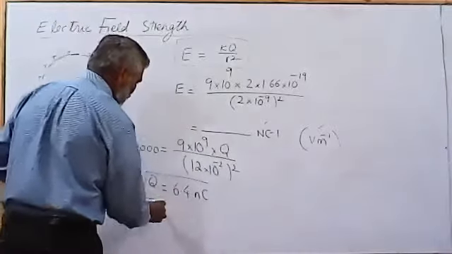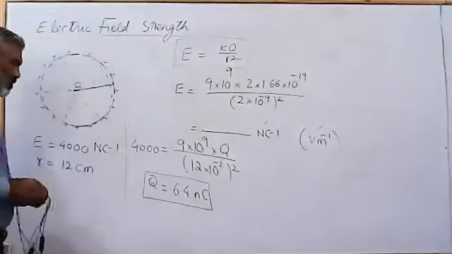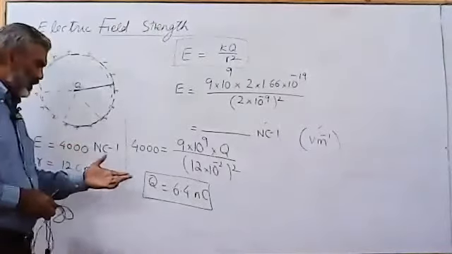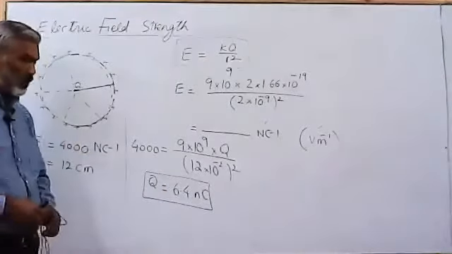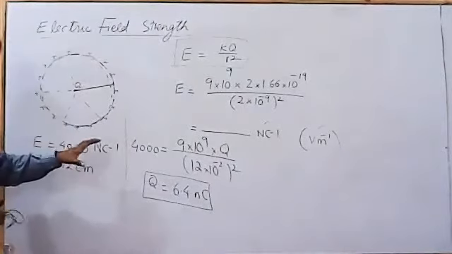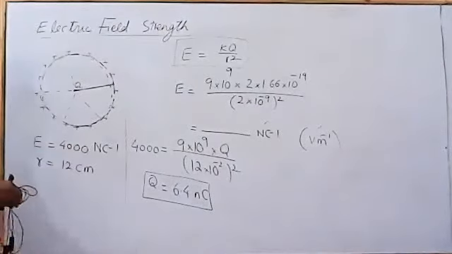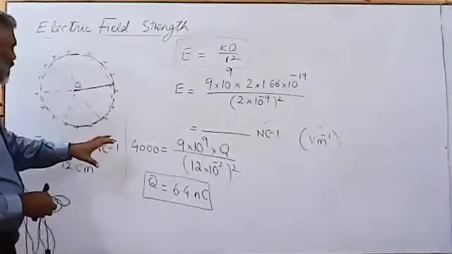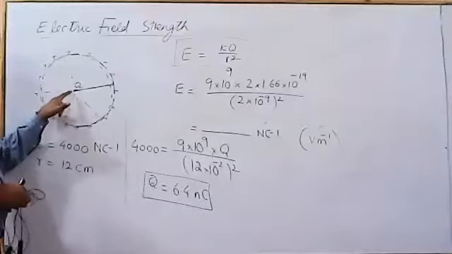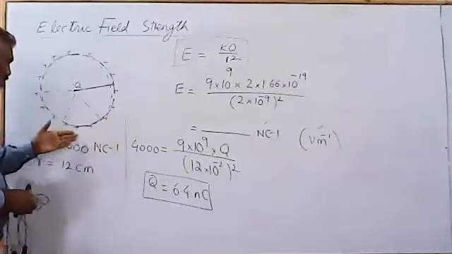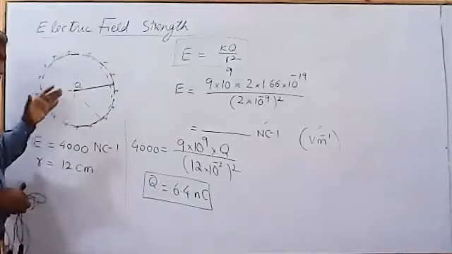So this is typical of the size of the charge that we use to create this type of electric fields. 6.4 nano coulomb positive charge is given to the surface of a conducting sphere, and as a result, this charge behaves as if it is concentrated at the center, so it creates a certain electric field strength at the surface of the sphere itself.